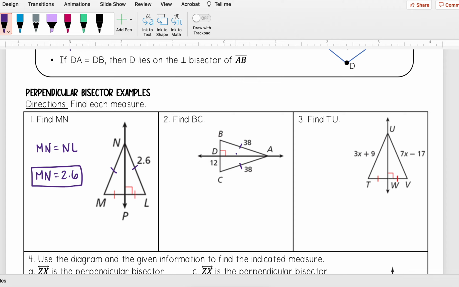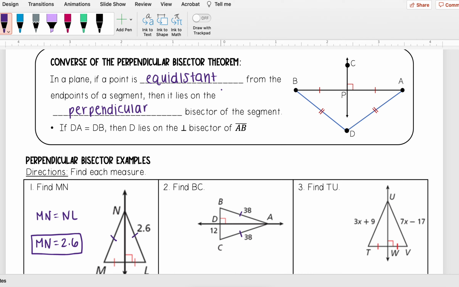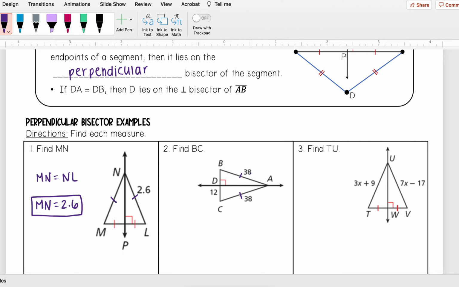Because of that, we know from the converse of the perpendicular bisector theorem that the point lies on the perpendicular bisector of the segment. Since I have that AB is equal to AC, that means this line is the perpendicular bisector. So that means that DC is also equal to BD.